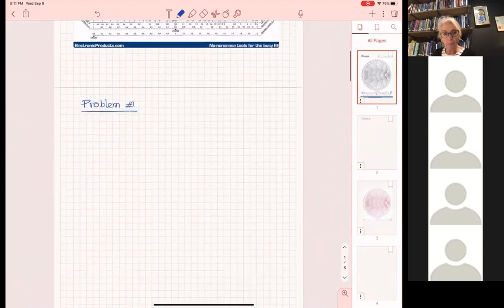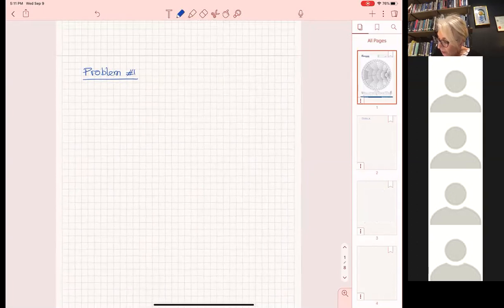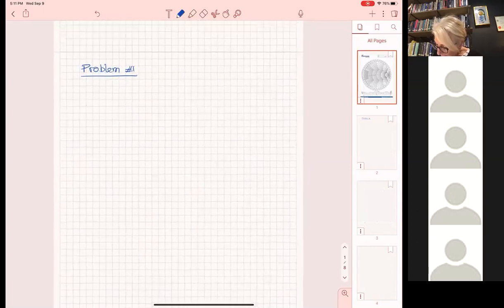So I was thinking the problem that we are gonna solve is the following. We have an incoming transmission line. And then we have a load.